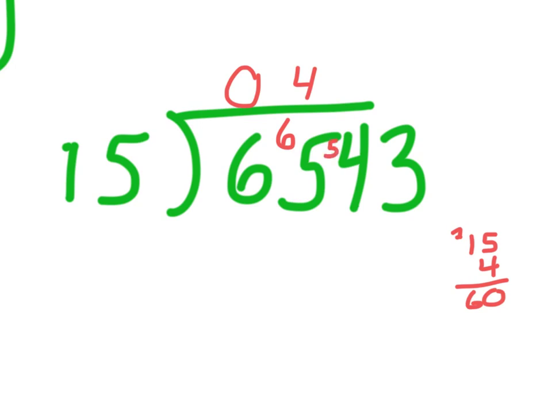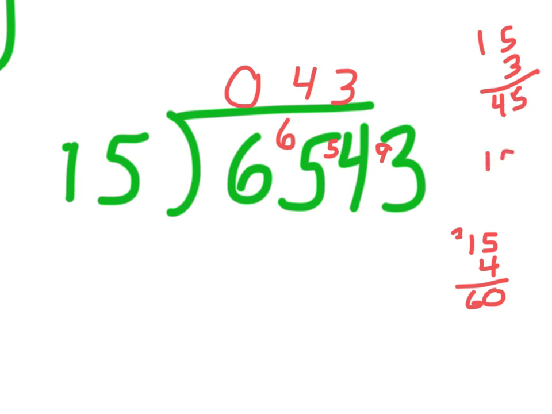So now I'm dividing the 15 into 54, and that's going to be 3. And 15 times 3 is 45. So I wanted 54, but I only got to 45, so that means I had a remainder of 9. So now I am dividing 93 by 15.